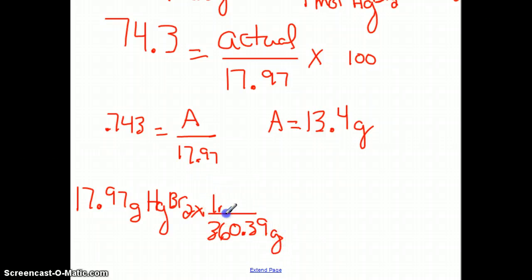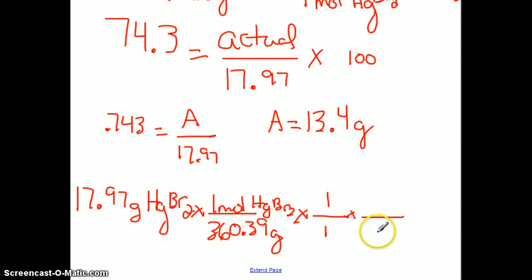And that's 1 mole HgBr2. Again, we only have 1-to-1 ratios, so we can just shortcut a little there, 1-to-1. And then we want bromine, so we're going to have 1 mole Br2, and then the molar mass, which is 159.8.